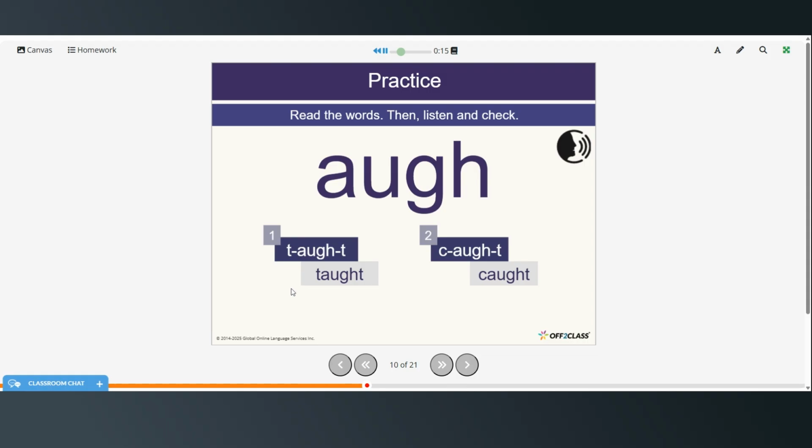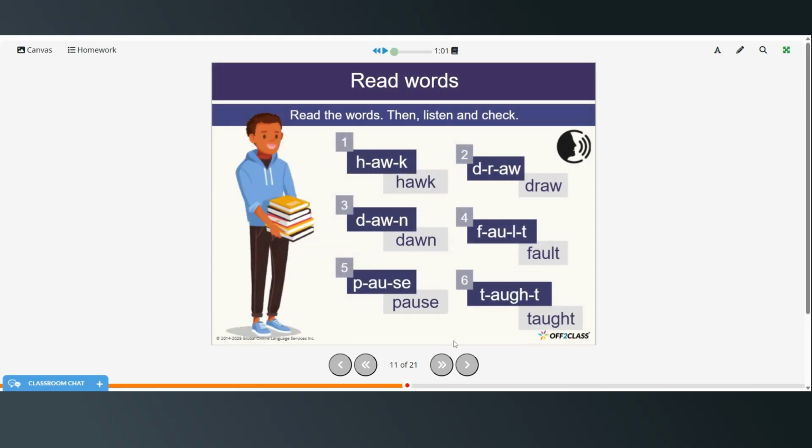T, aw, t. Taught. K, aw, t. Caught. And now practice sounding out and reading these words, and then when you're ready, restart the video to listen and check.